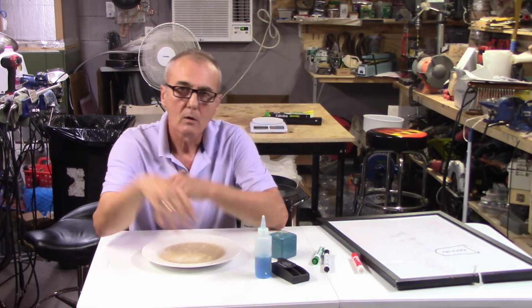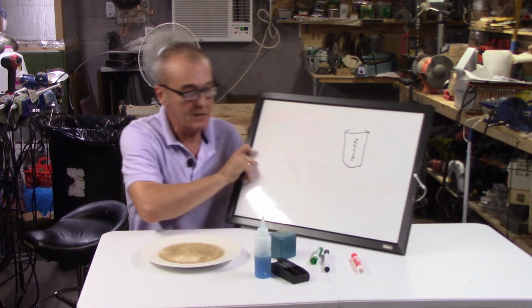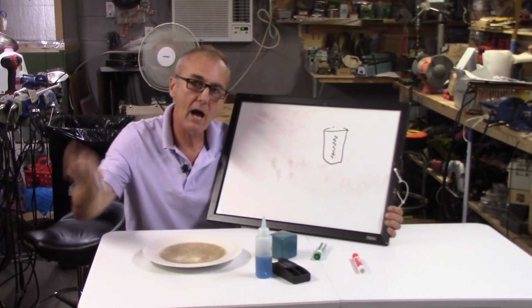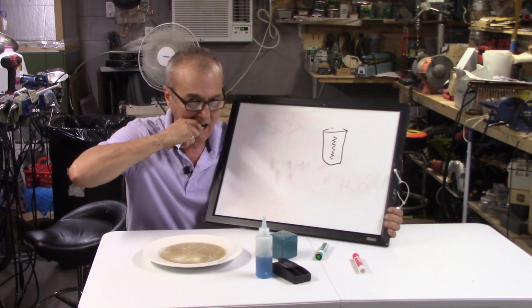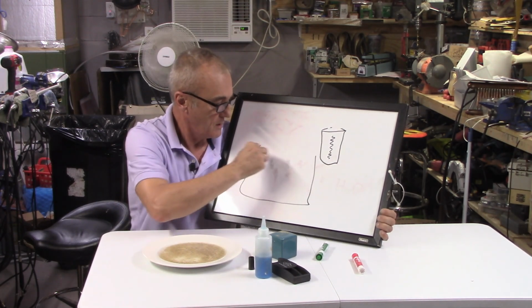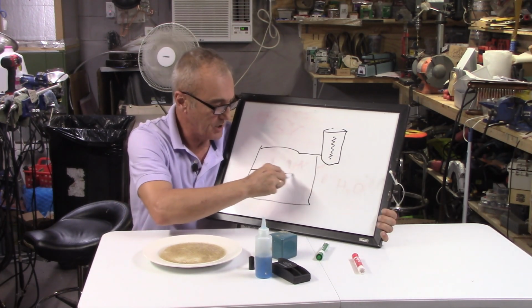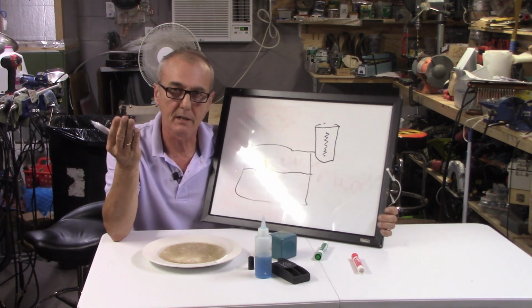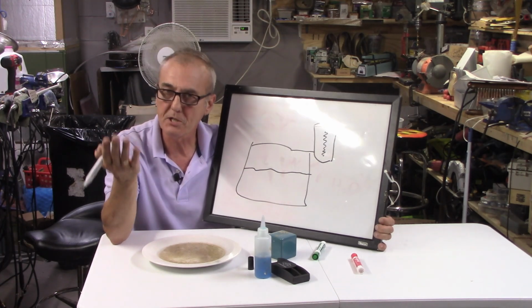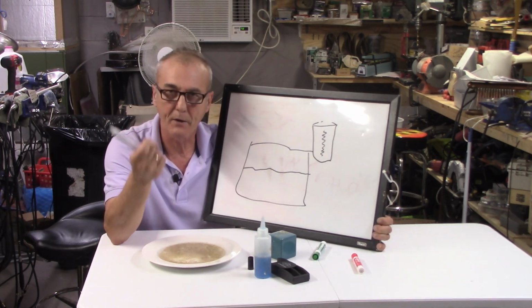Well, now also when we have a still, as an example, and you have a mash in here with a high sugar content. Now you know the molecular makeup of sugar is much different than water, and there are tighter bonds.